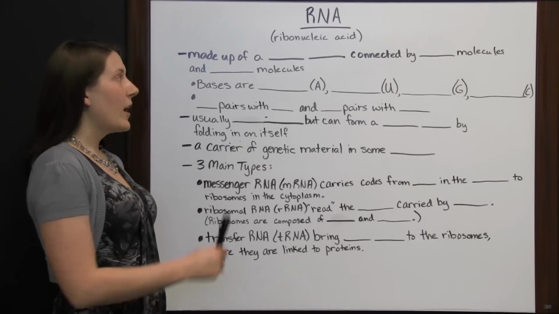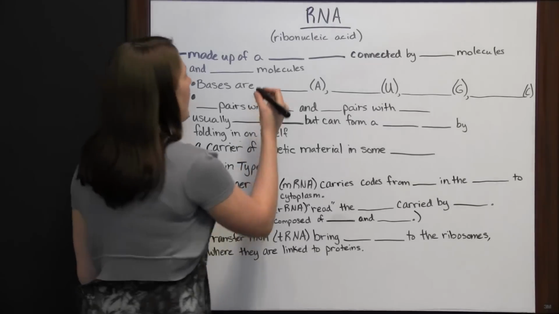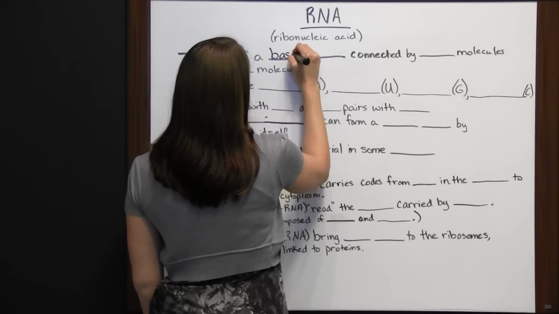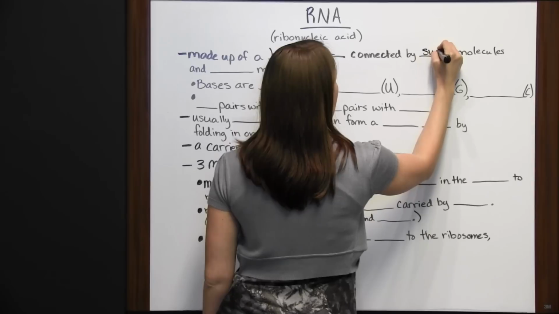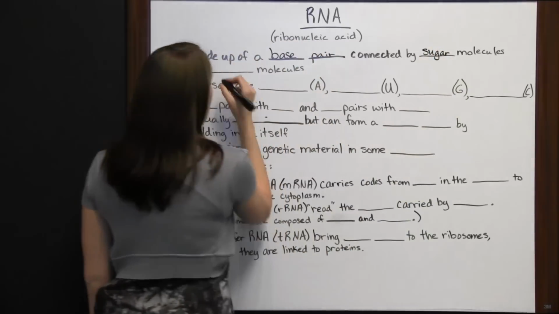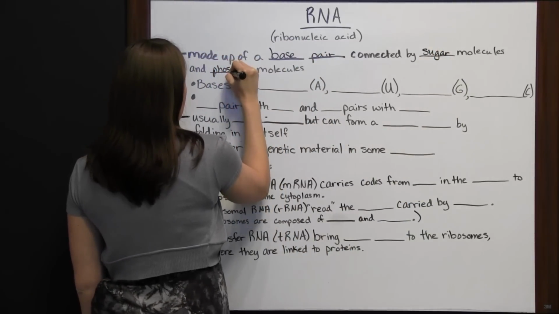RNA, or ribonucleic acid, is made up of a base pair connected by sugar molecules and phosphate molecules.